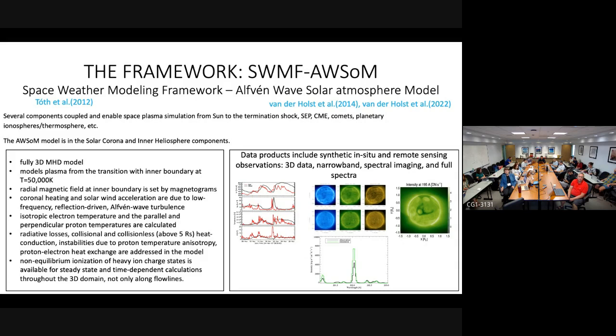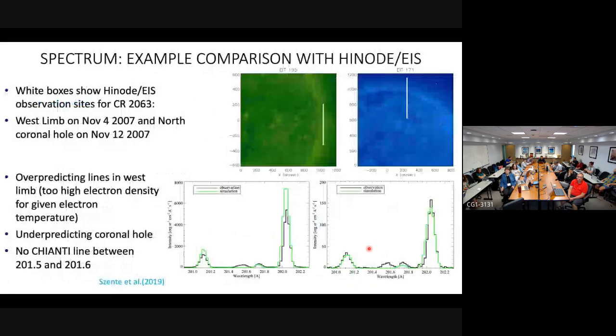So some of the model outputs are here. With the 3D plasma data, you can compare to in situ measurements. You have EUV observations, you can do spectral imaging, and you can do line spectra.